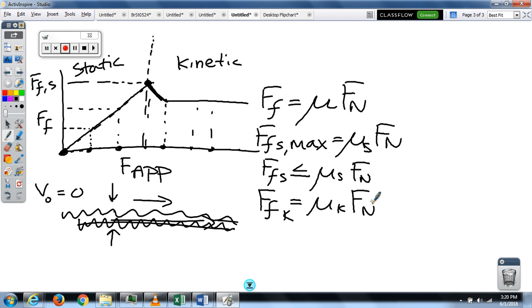But in general, I've never used the K, because if I want to distinguish between kinetic and static, I use the S notation to make sure you recognize that we're talking about static friction. And if we're talking about kinetic, I'll just say F_f without the K for kinetic.